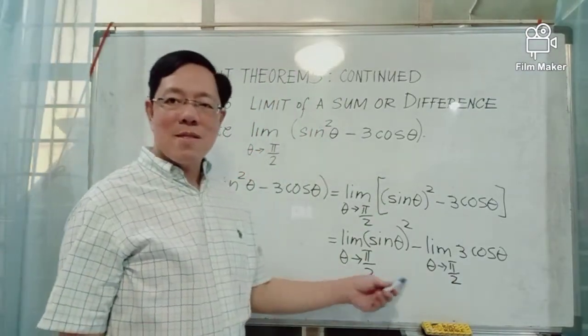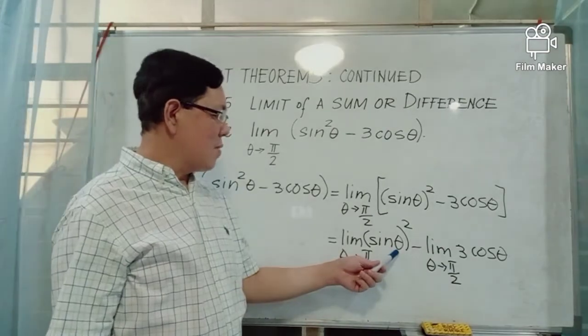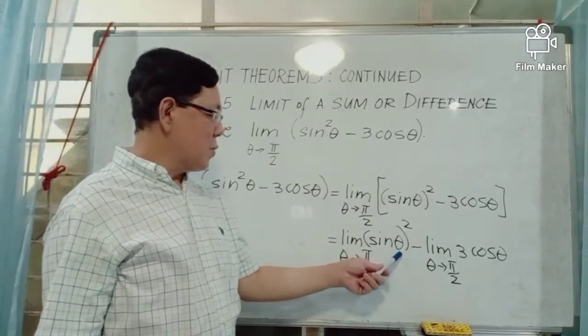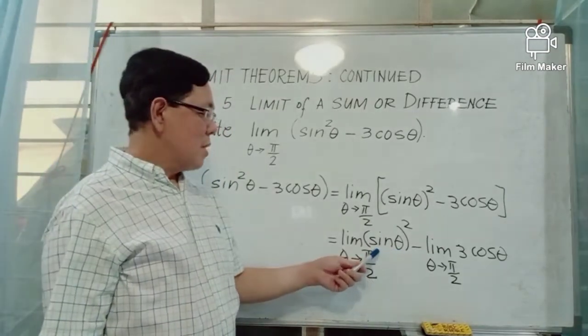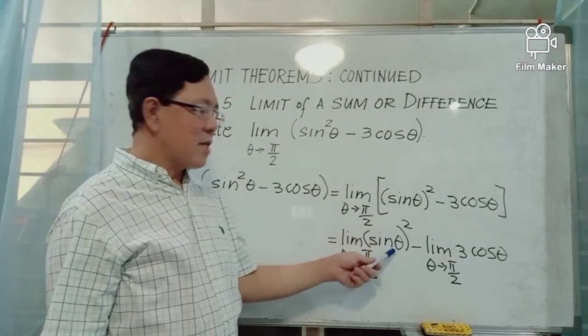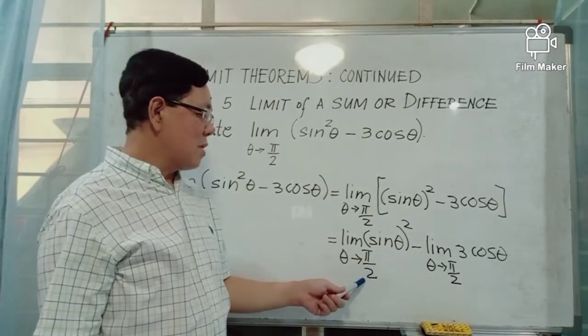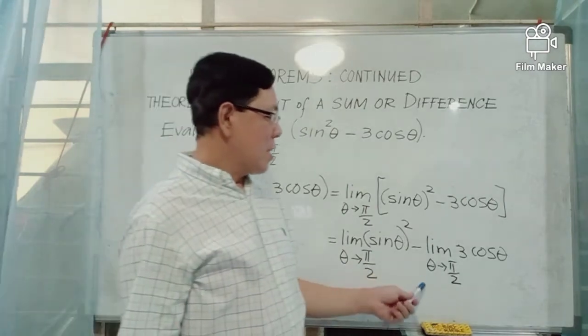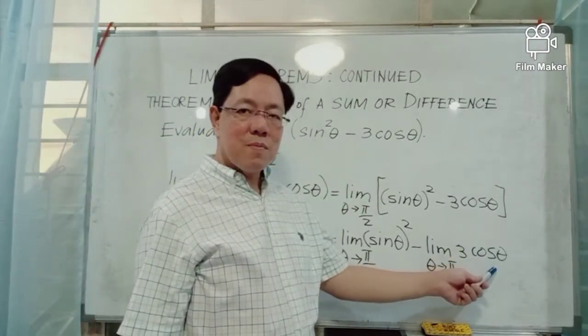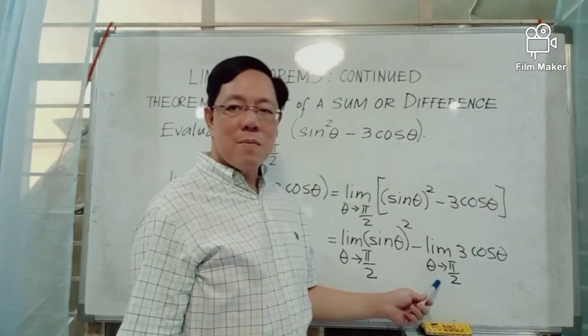Now evaluate each limit by simply substituting pi over 2 for theta. Here in sine theta squared, replace theta with pi over 2. In the second term, you replace theta in cosine with pi over 2.